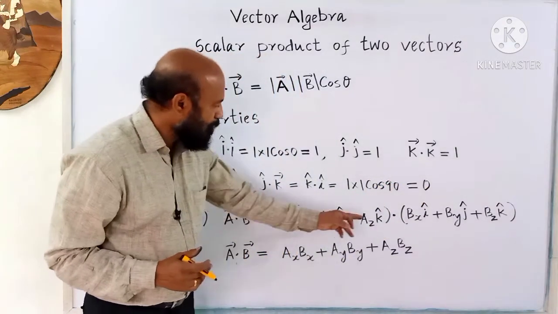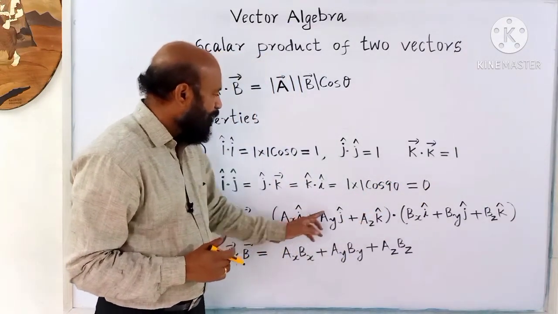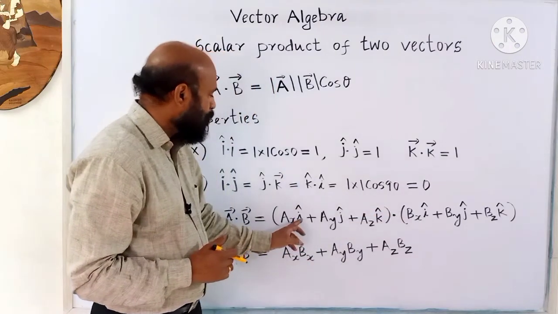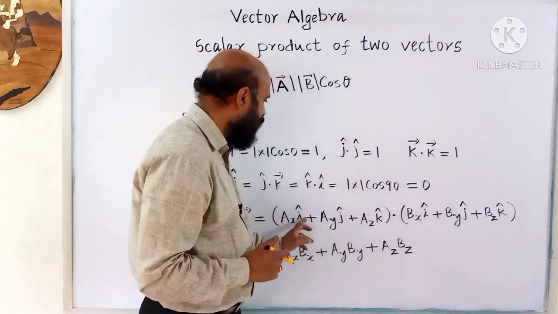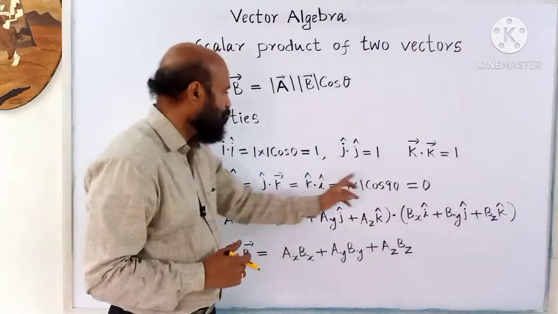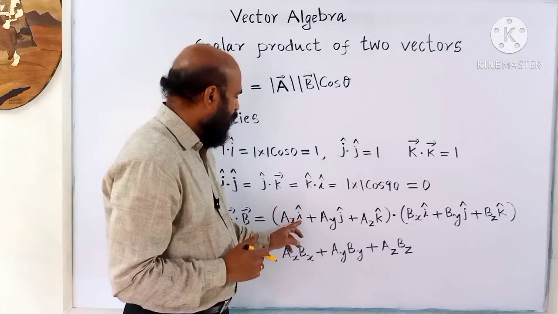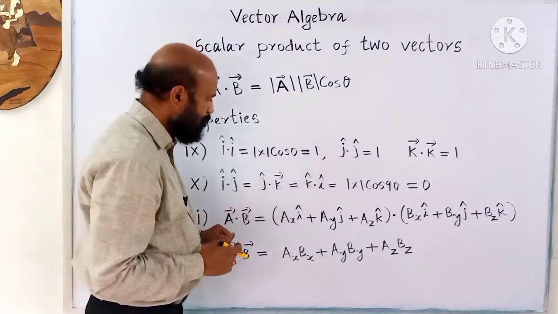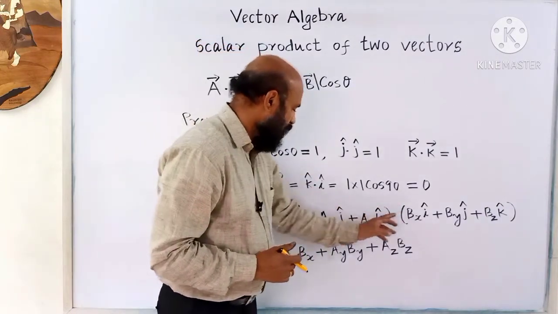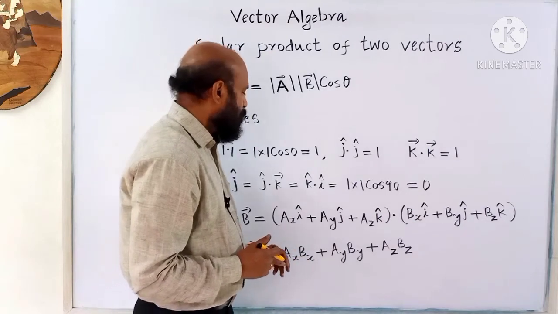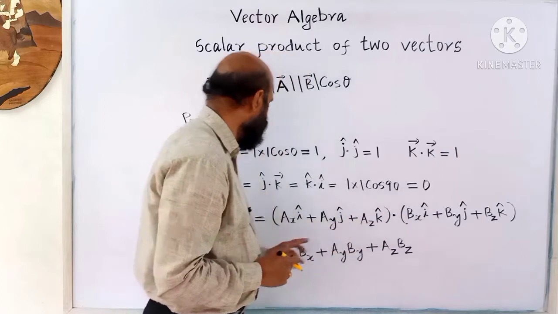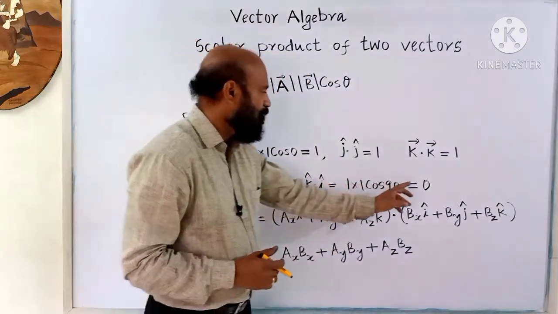So when you take the dot product, i dot i is 1, so ax bx. But this with this, i dot j, will be 0. Similarly, i dot k is also 0. Similarly, this with this will be 0 because it is j dot i.